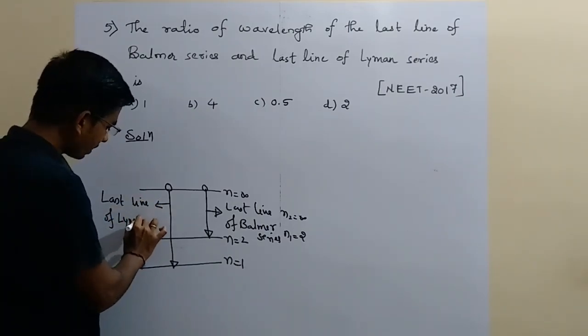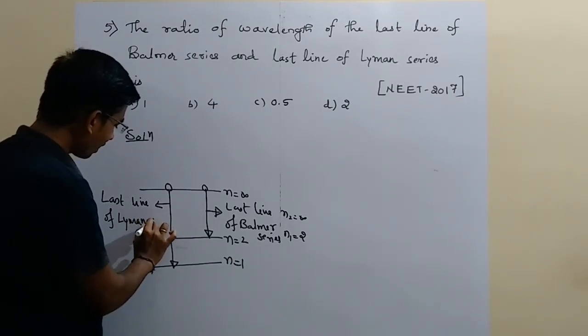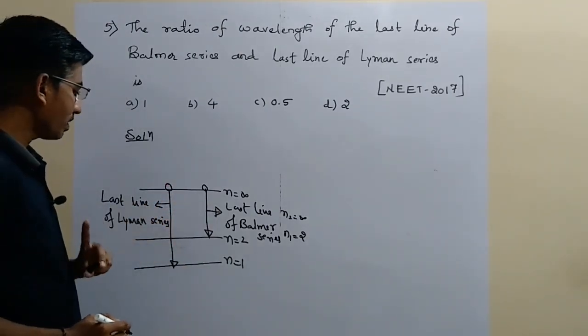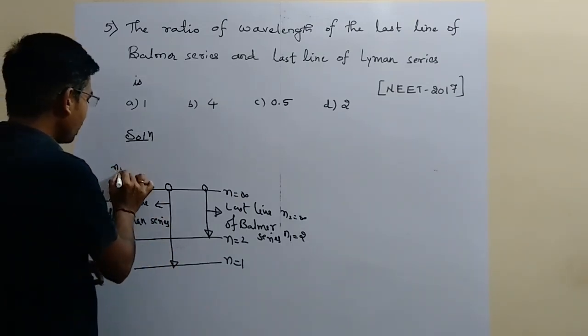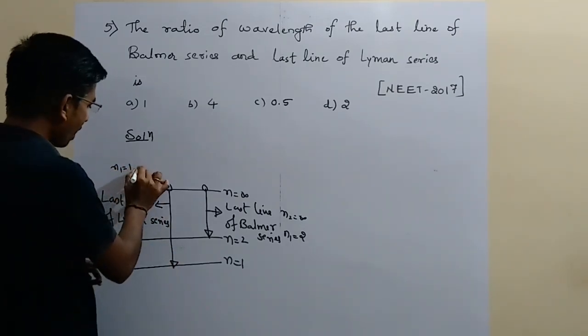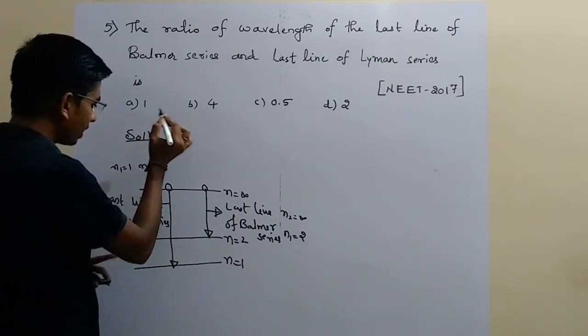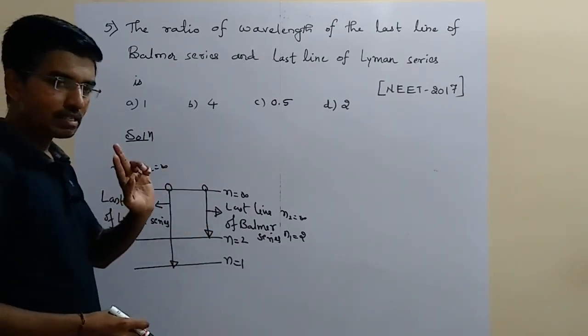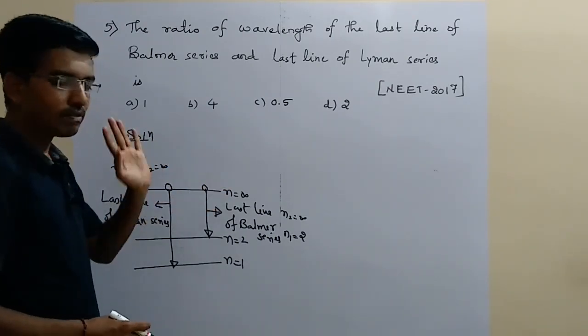For the last line of Lyman series, n1 is equal to 1 and n2 is the same, that is infinity. So for both lines n2 is common, that is infinity.